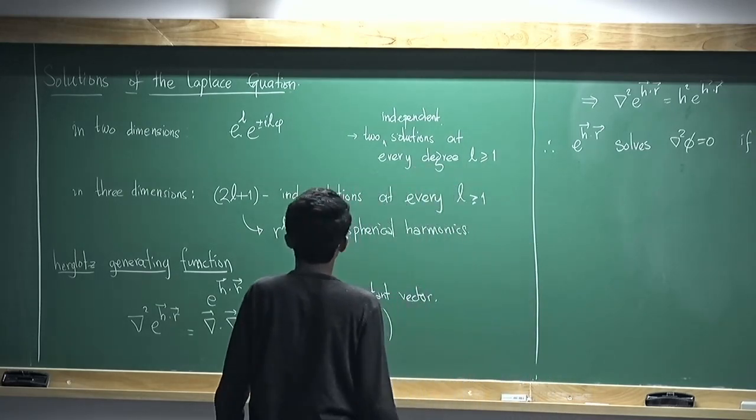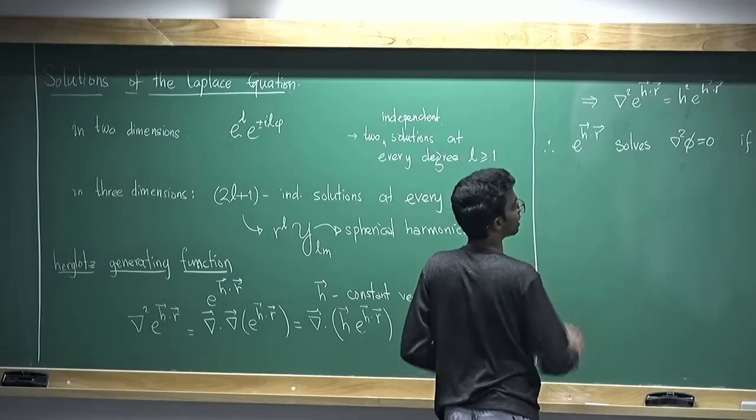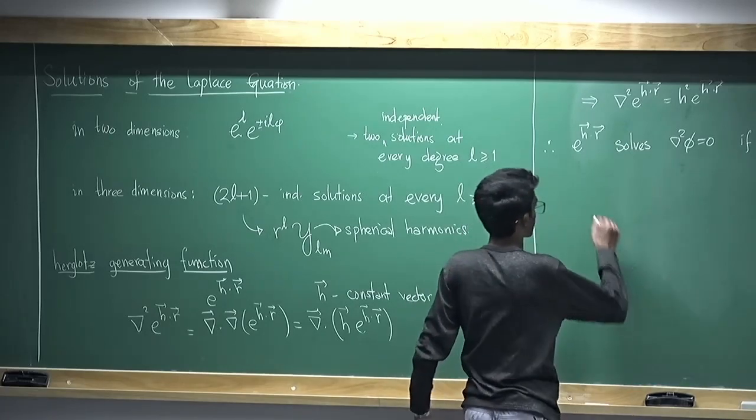Now let's begin by parametrizing. So let's write down the solution by parametrizing h in such a way that h squared equal to 0 is obvious.